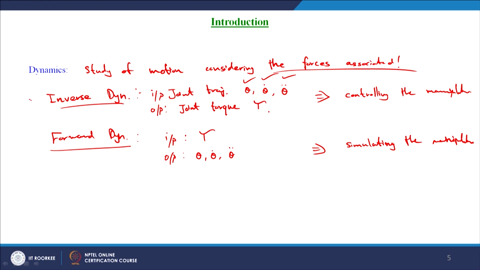It has been further classified into inverse dynamics and forward dynamics, where for inverse dynamics the input is joint trajectories theta, theta dot and theta double dot, and the output is the joint torque tau. And for forward dynamics, the input is joint torque and the output is joint trajectories. Forward dynamics is used for simulation of the manipulator, and inverse dynamics is used for controlling the manipulator.